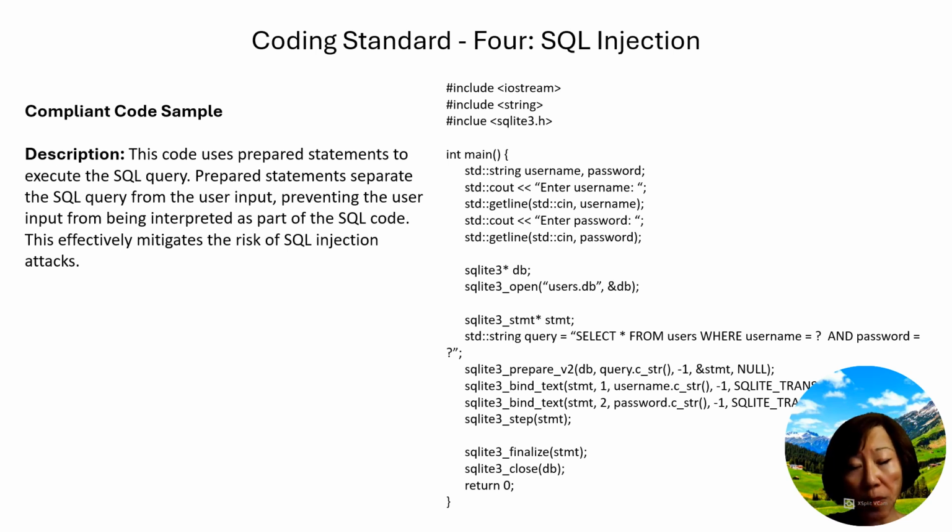You are essentially binding your username and password into that text. And then you execute the prepared statement using sqlite3_step. Lastly, finalize the prepared statement using sqlite3_finalize. These are the steps that you can really cut and paste and use to make sure that it works as intended.